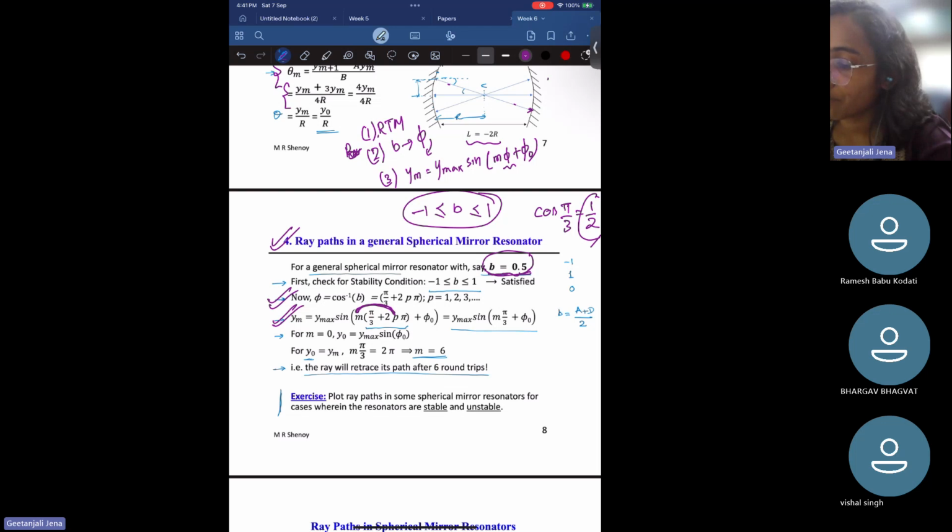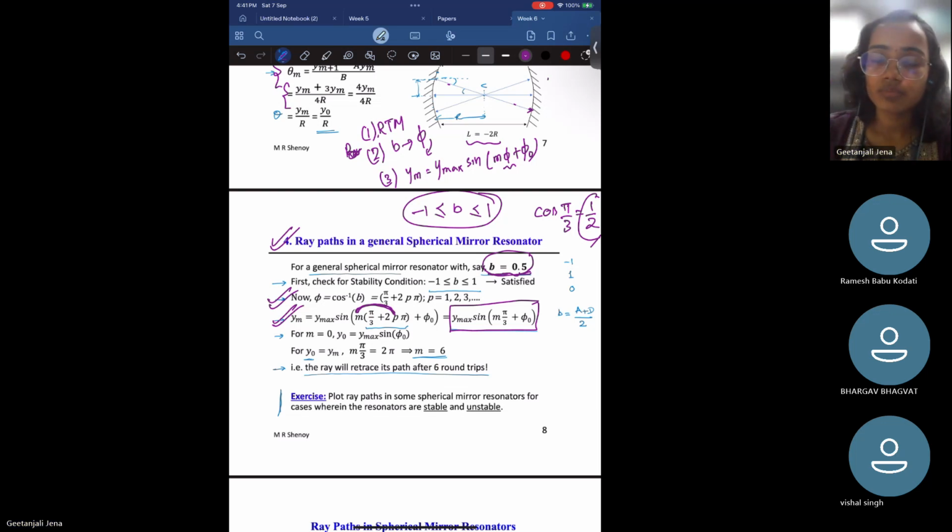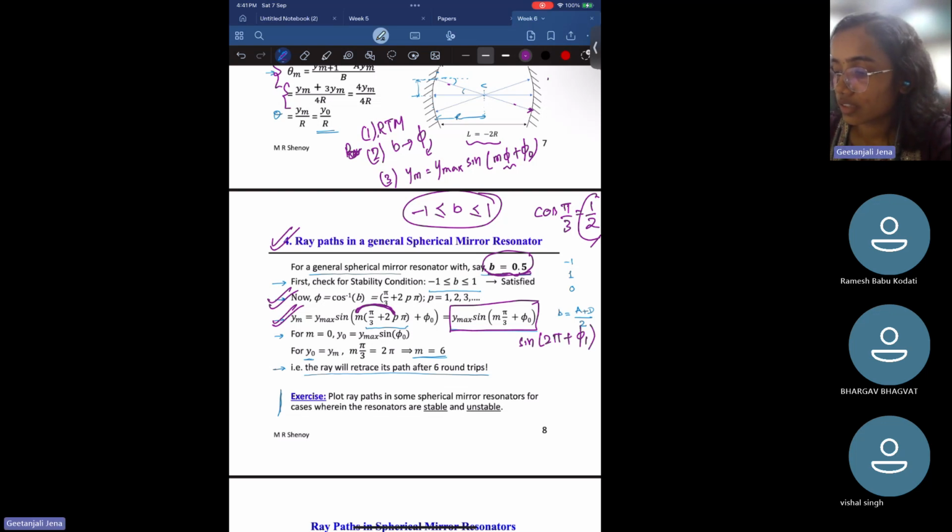So this ray equation you can write as y max sine of m pi by 3 plus phi 0, since sine of 2 pi plus some constant, let's say phi 1, is nothing but sine phi 1. That is why we have taken out this 2p pi term.